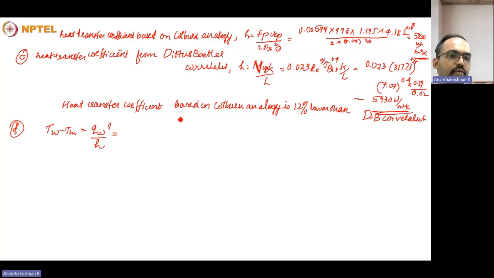For this case, we use the Dittus-Boelter correlation for further analysis.